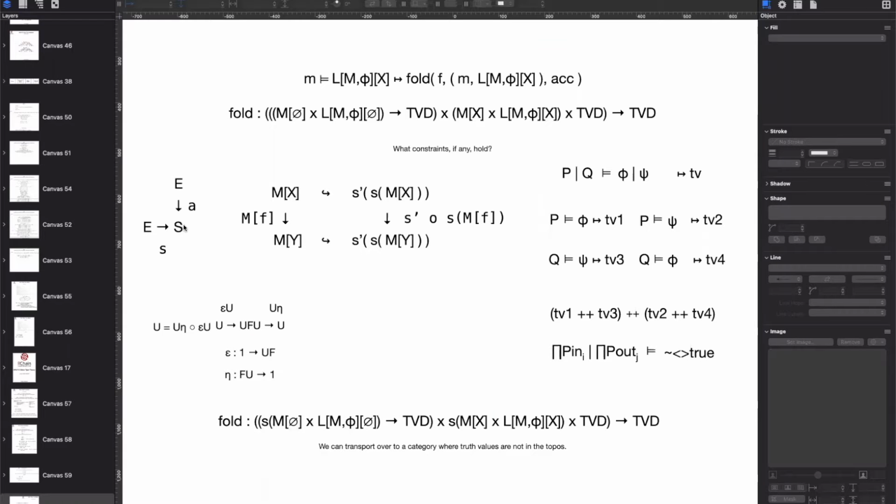So we've gone from the topos where the model is living over into some symmetric monoidal category, where we can do our truth value operations, and likewise over here, we take S, and again, the reason is because I don't want the topos to be the only way that we get some notion of truth value.